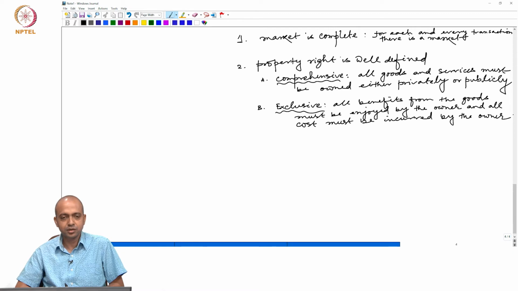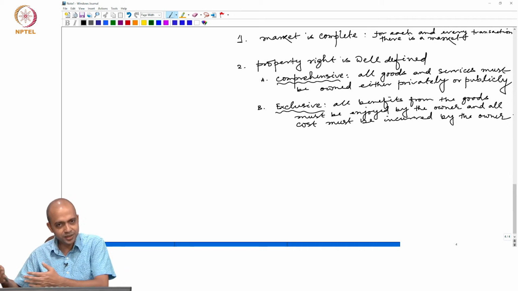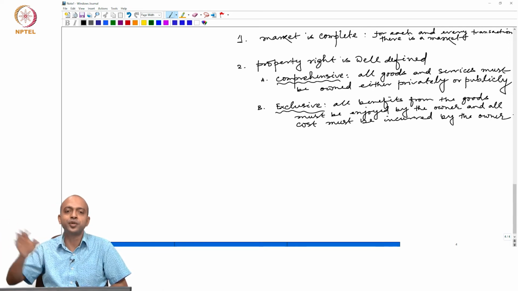Similarly, when I am smoking in a public place, there is somebody who is also incurring the cost of smoking, health cost. It is not only me whose health is deteriorating due to smoking, rather there is a set of passive smokers who are also incurring the cost, for which I am not compensating those.